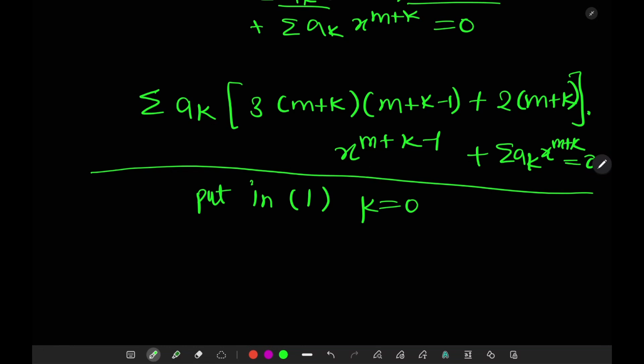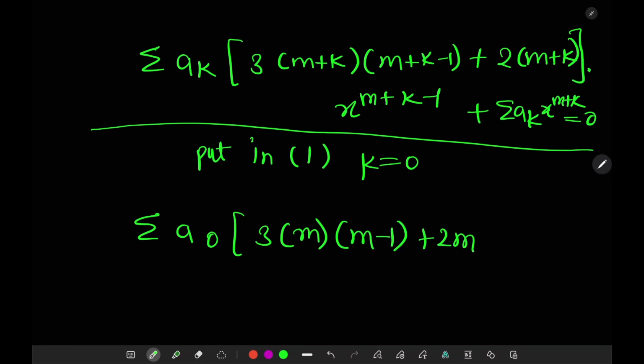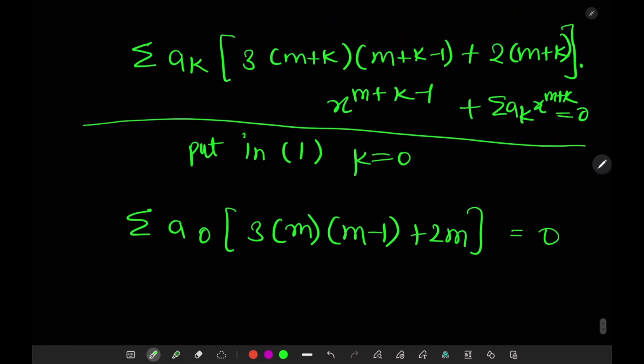So we put k equal to 0 for getting x raised to power m minus 1. So we get this, plus twice m, equal to 0. We take only this equation.